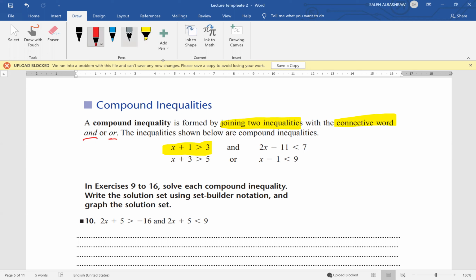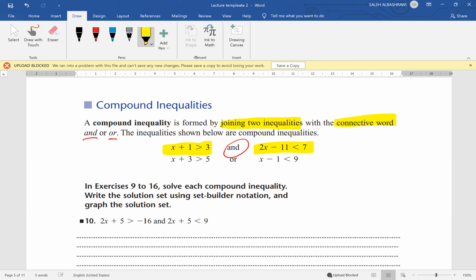And we have this connective word "and", and this is the second inequality. We combine two inequalities using this word "and" or "or", and we call it a compound inequality. So a compound inequality is formed by joining two inequalities with the connective word "and" or "or".